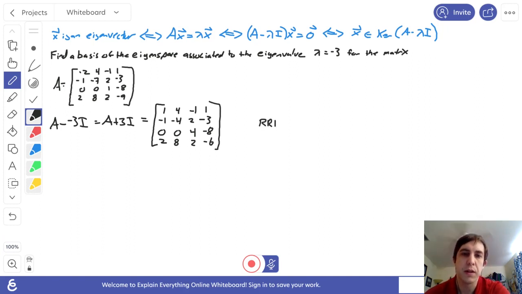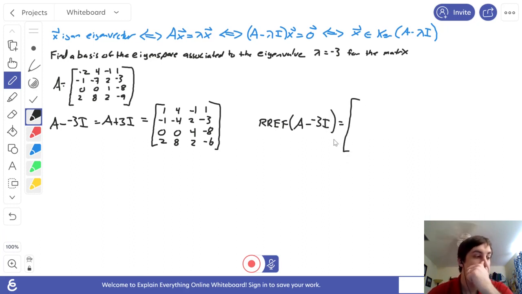Now, in order to find the kernel, we'll need to do the reduced row echelon form, which I've gone ahead and typed into a calculator. And we end up with 1, 4, 0, -1, 0, 0, 1, -2, and then 2 rows without a pivot.